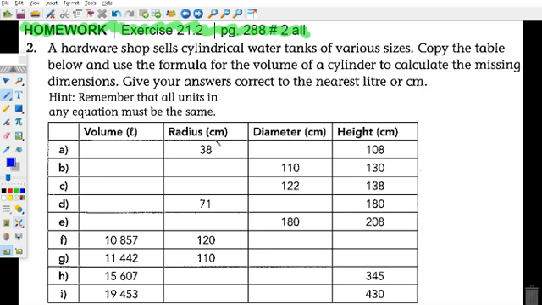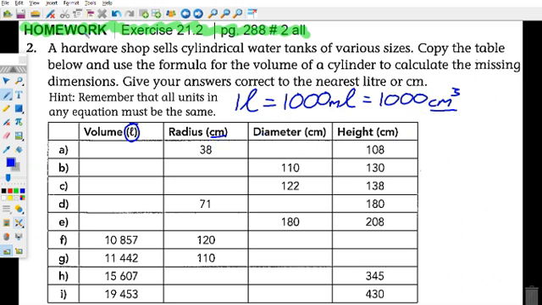We've all been given centimeters, so the only conversion we have to make is the liters, and we've talked about that 1 liter is equal to 1,000 milliliters, which is equal to 1,000 centimeters cubed.